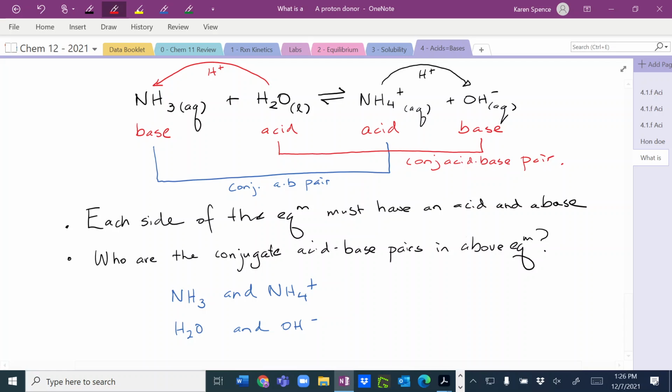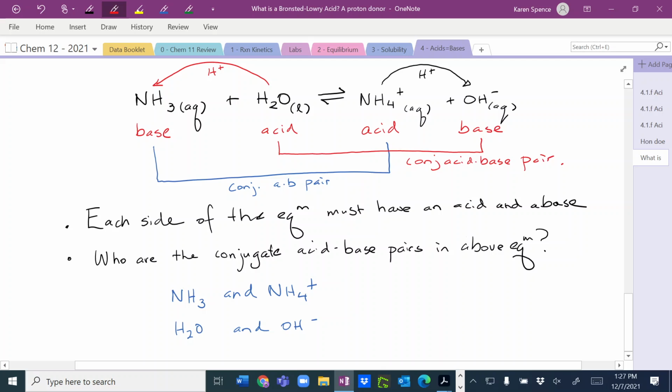What do you notice about the two members of each pair and their position to each other relative to the reaction arrow? What did I mean by that? So take a look at this. If we look at H2O and OH and the reaction arrow, what can we say about those two?